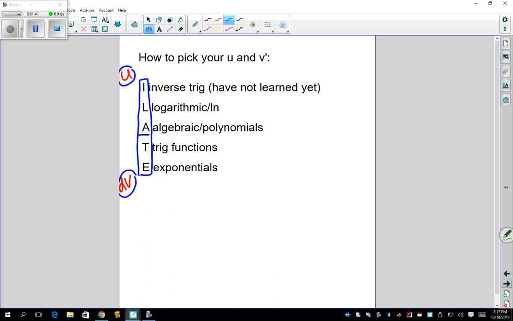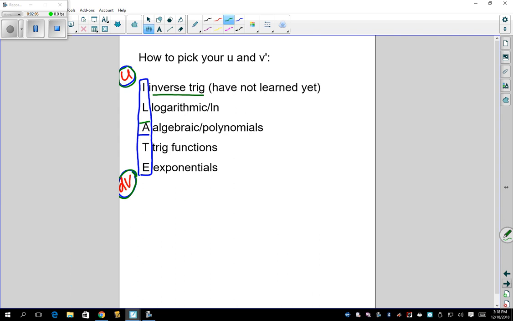And so to pick your u and dv, there's this handy acronym which is called ILATE. We have not learned about these yet, but basically the I, L, and A are your better u functions to pick, and T and E are your better dv functions to pick. A can really go either way, but it's probably a better u if you have it than trig or exponents.